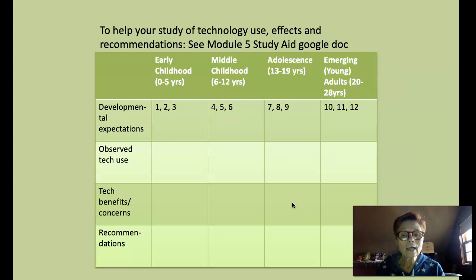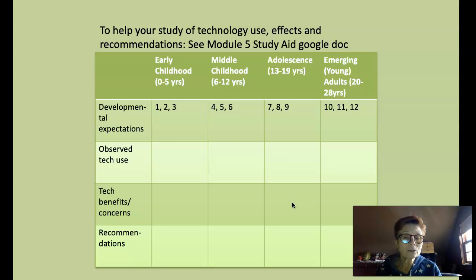And then more specifically, related to these 4 domain areas or 4 age group areas, would be to consider what our developmental expectations are, and again, just little bullet points so we're clear on the difference of early childhood to middle childhood to adolescence to emerging adulthood, and then what very generally might we see with observed technology use.